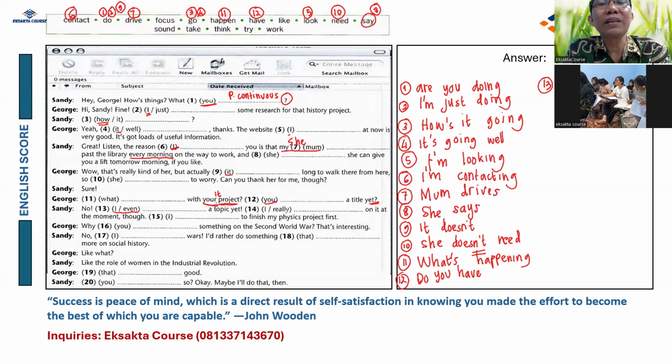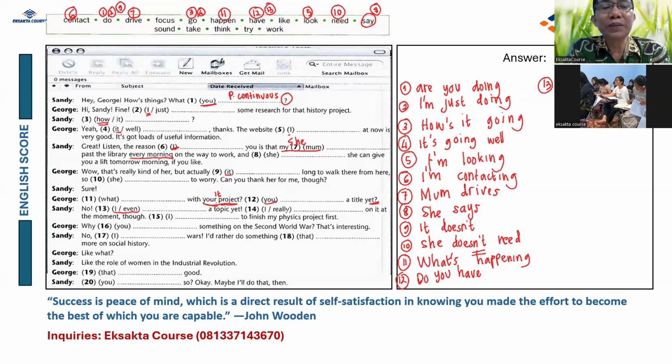Okay, here use don't because the subject is I. Okay, number 13. I don't because I. So use don't.